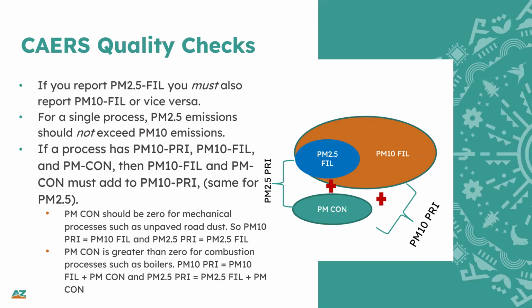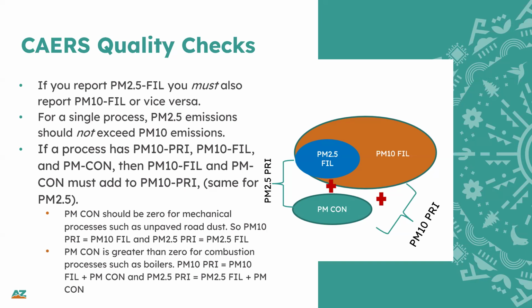More on particulate matter and its components. Essentially, we recommend reporting 5 components of particulate matter for each process. For example, one process should report primary PM10, primary PM2.5, filterable PM10, filterable PM2.5, and condensable PM.